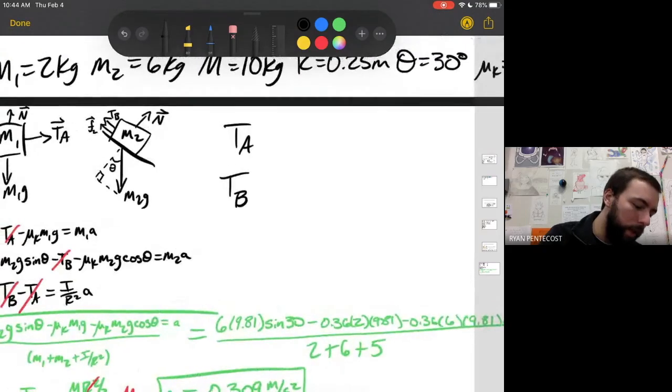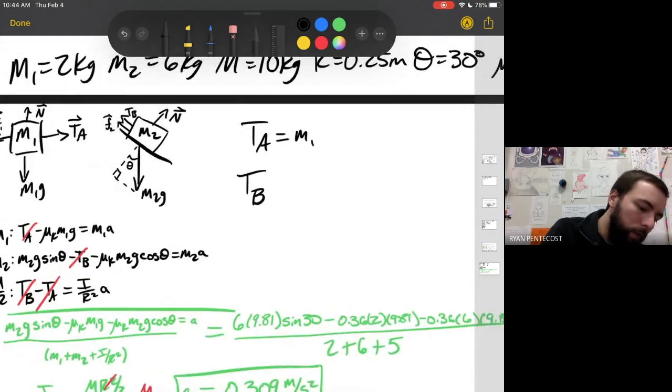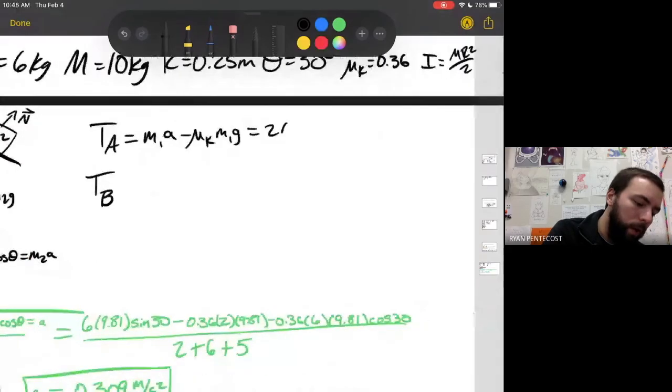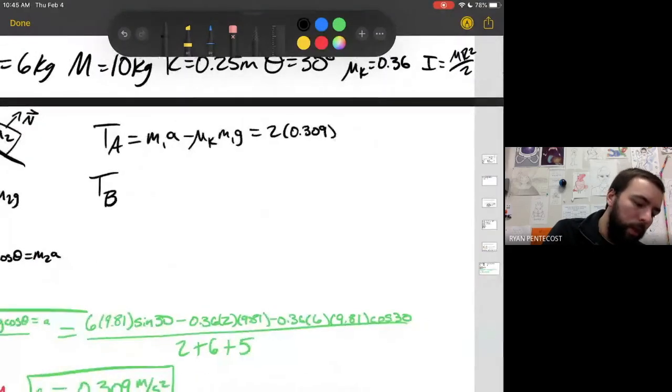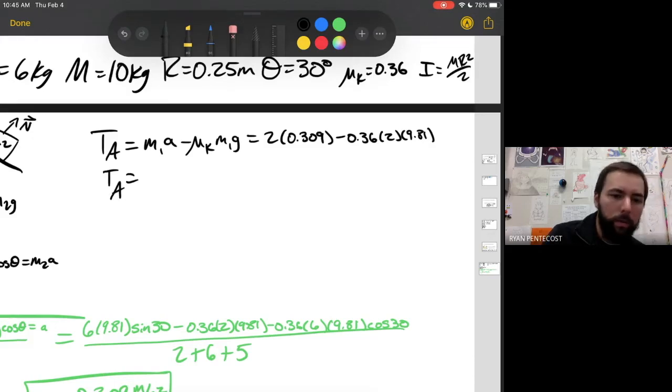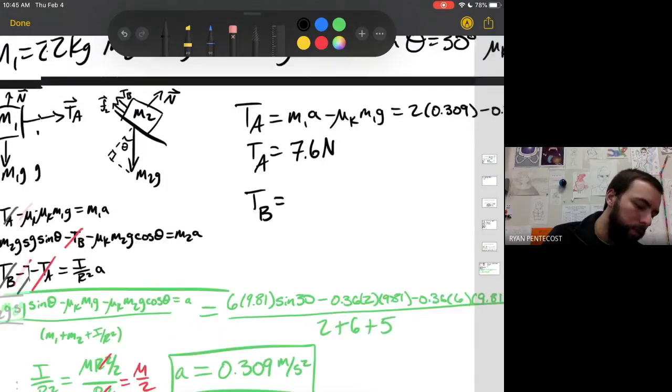Tension A would equal M1 A minus mu k M1 G. We have all of those numbers: M1 is 2, A is 0.309, then minus 0.36 times 2 times 9.81. So tension A equals approximately 7.6 newtons. Then we'll do the same for tension B.